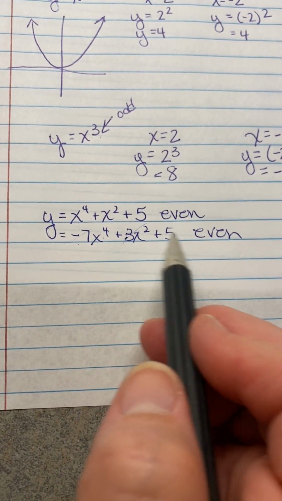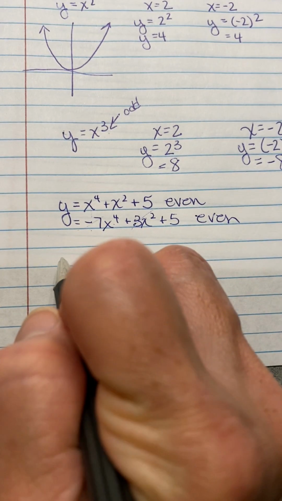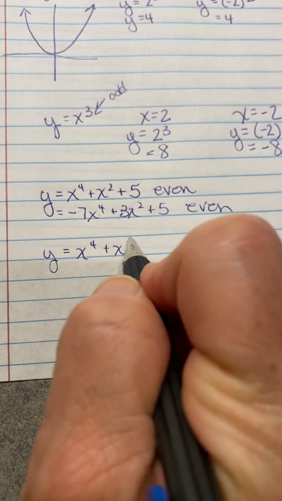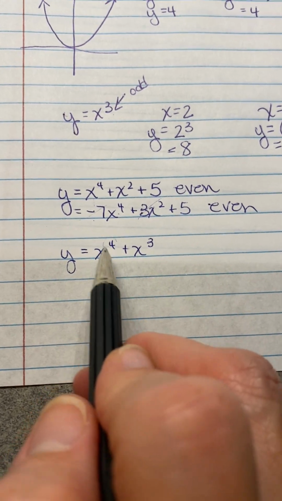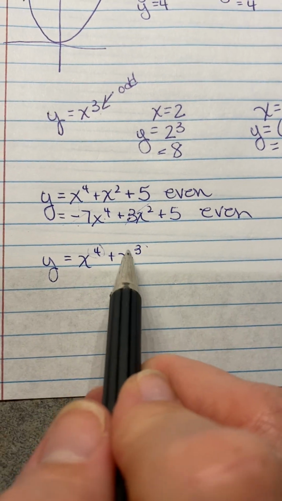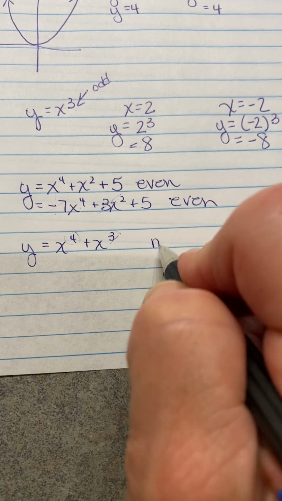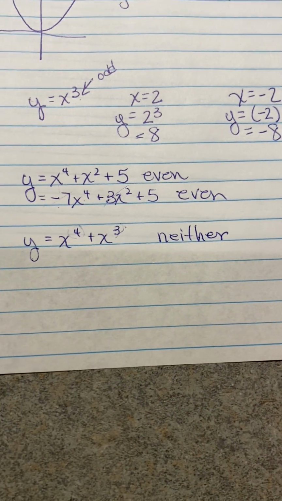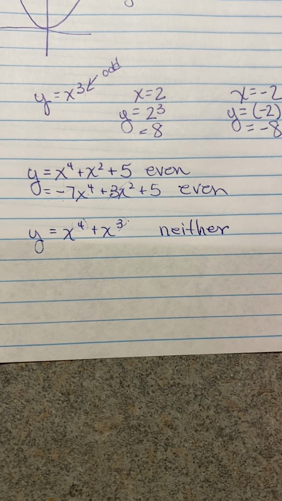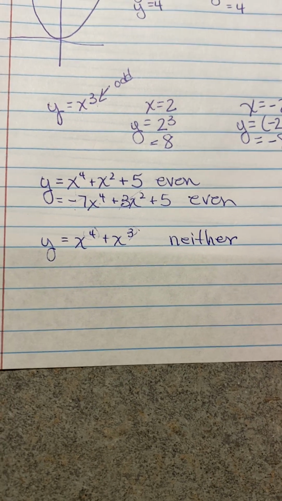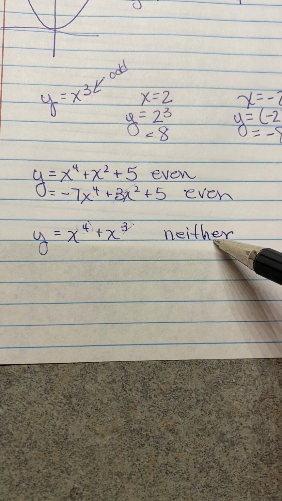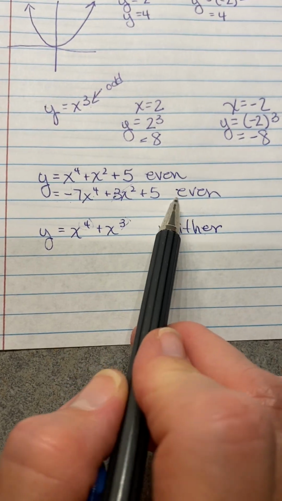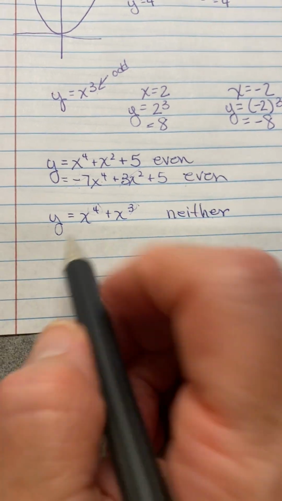We only are caring about the degree of each term. Now, if you were to say y is equal to x to the 4th plus x to the 3rd, do you see how we have an even exponent and an odd exponent? This function would be neither even nor odd, which is true with a lot of functions. They're neither even nor odd. The same rule applies for odd functions.